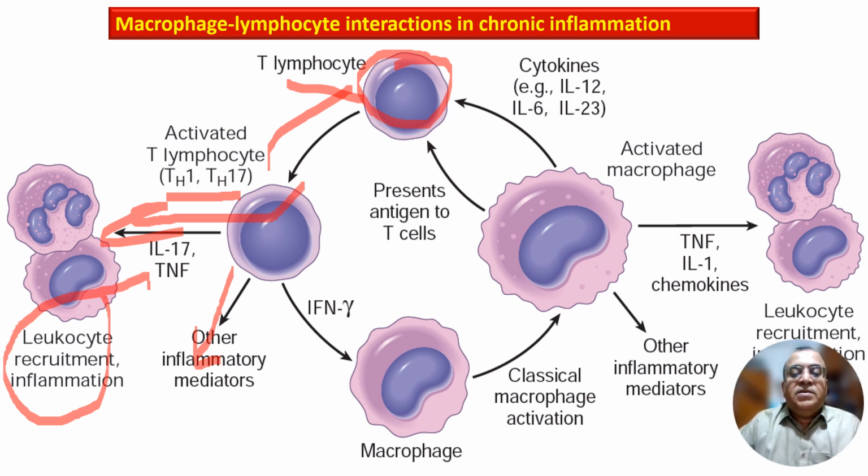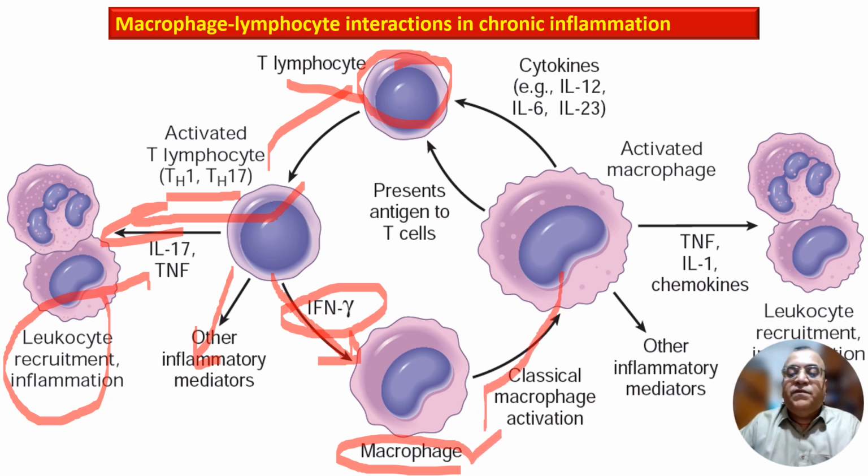Another cytokine that is secreted from these activated T lymphocytes is interferon gamma, and this gamma interferon is responsible for the activation of macrophage through the classical pathway.